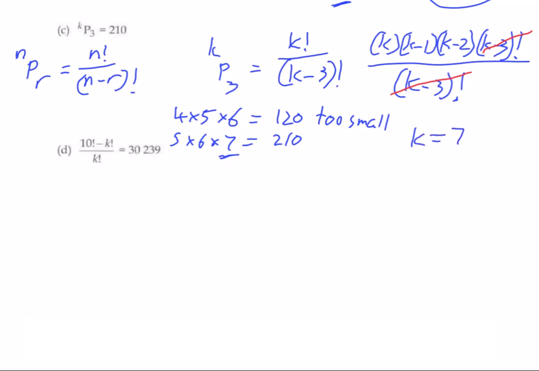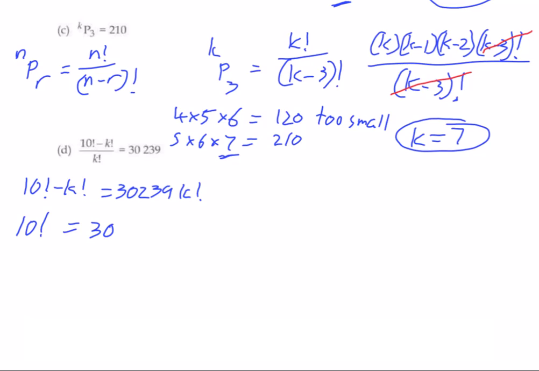For question D, the simple thing to start off with is obviously multiplying both sides by k factorial to get rid of the denominator, and then after that adding k factorial to both sides. That way you only get the variable of k on one side of the equal sign.